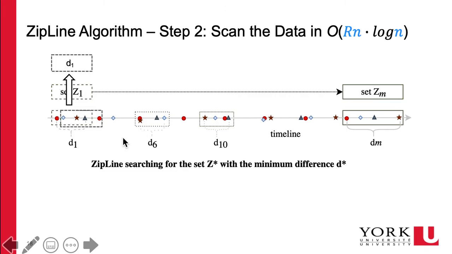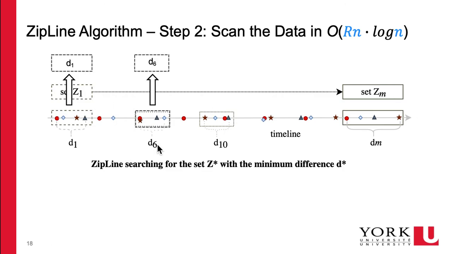Then we scan through each data point till the end. Note that when we add a new element or point to the set Z, we have to remove the same color out. Say we add this red dot in, we have to remove the previous red dot out. In this manner, we scan one at a time.